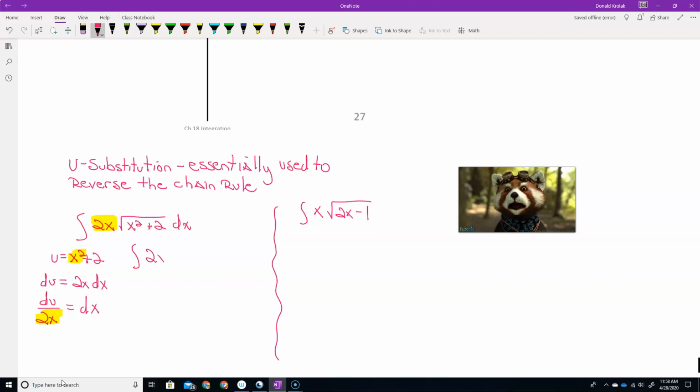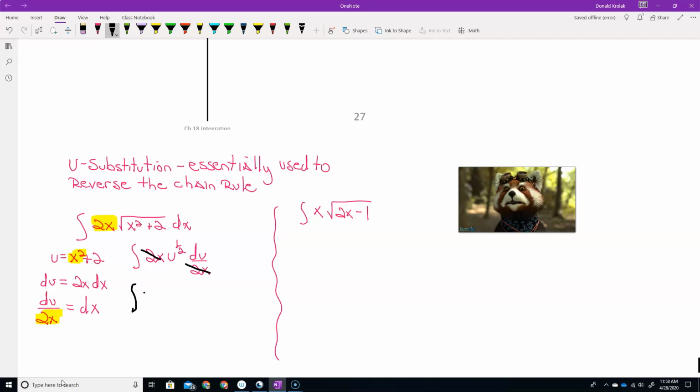That's 2x, and then here that would be u to the 1/2. And for the dx, I'm going to put in du divided by 2x. Then we can see that the 2x's cancel out, so I just have u's. I don't want to have u's and x's. I need to have just one variable.